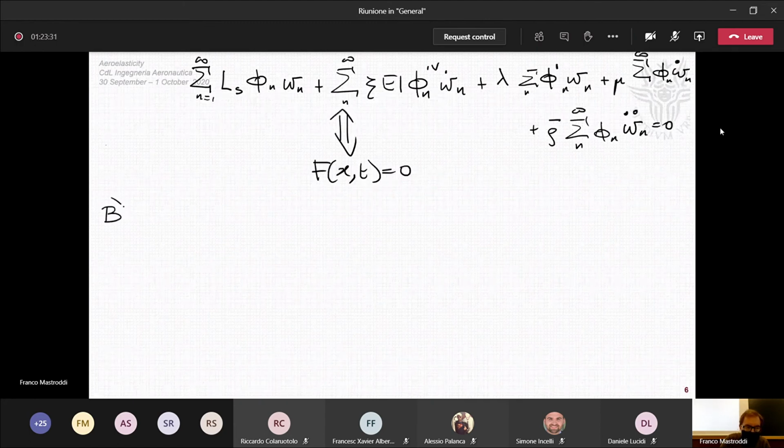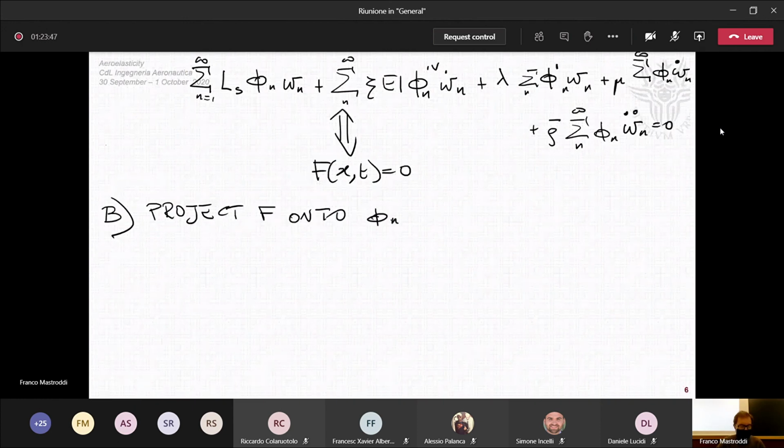Second part, project f onto phi n and put each projection to 0. This is equivalent to putting each component of capital F to 0, because we have demonstrated that this is equivalent to putting Fn of t equal to 0.